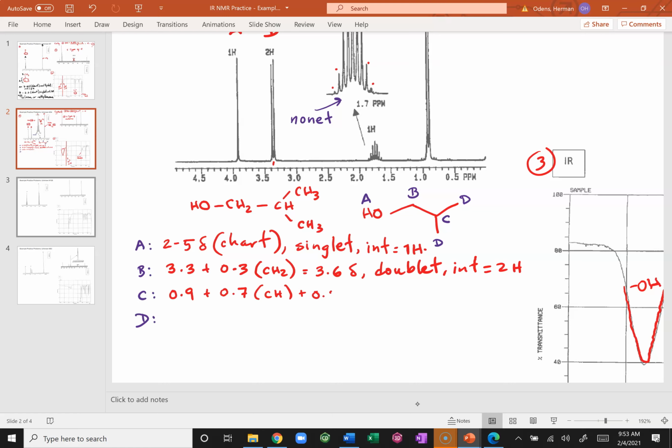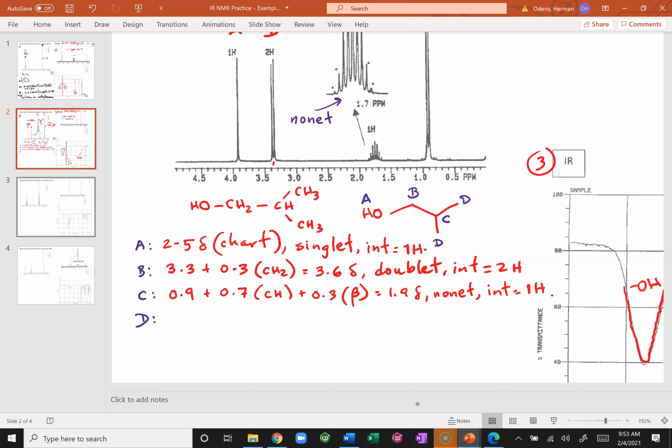Yes. So we add 0.3 because it has a beta group. So that's a total of 1.9, right? Yes. 1.9 ppm with delta. It's a nonet. You could also say multiplet, but if you can count the peaks, it's better to say the right splitting. In this case, it's 9, so nonet that integrates for 1 hydrogen.